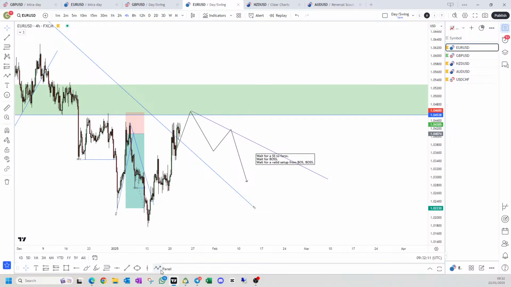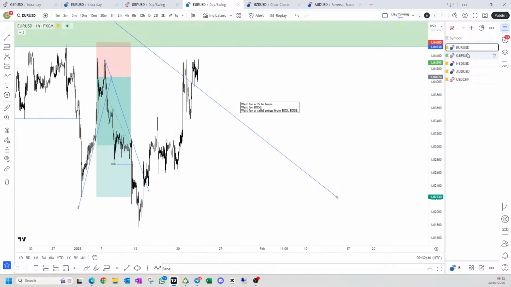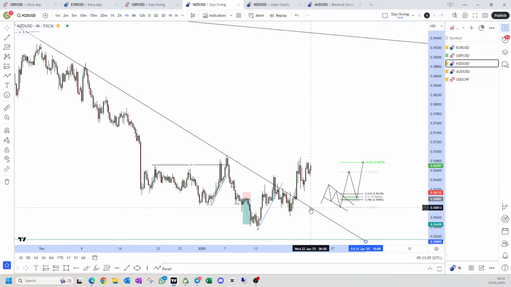So we can move on to the next pair, which would be NU. Again, that's the schematic that I've just explained there. NU's in a bit of a different boat. So that was the daily trend on NU. If we hop down on the 4 hour, let's call this a break of structure now.